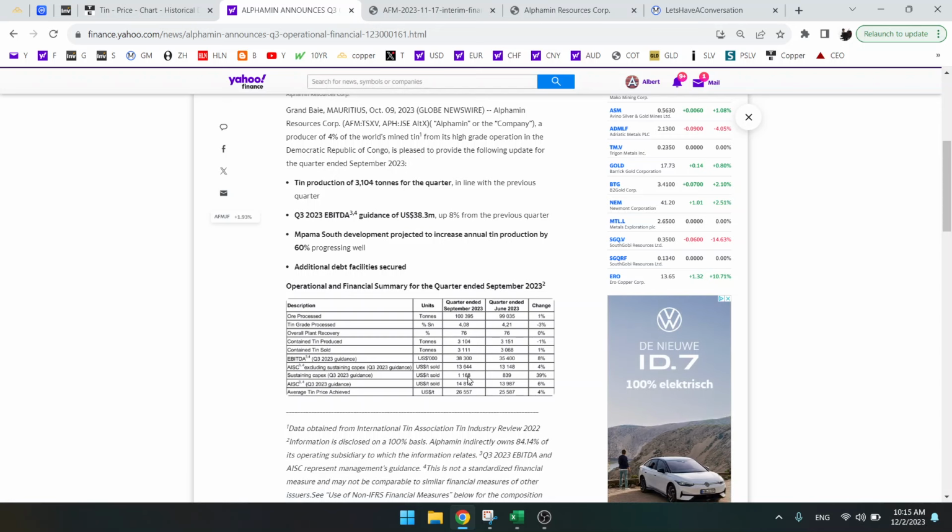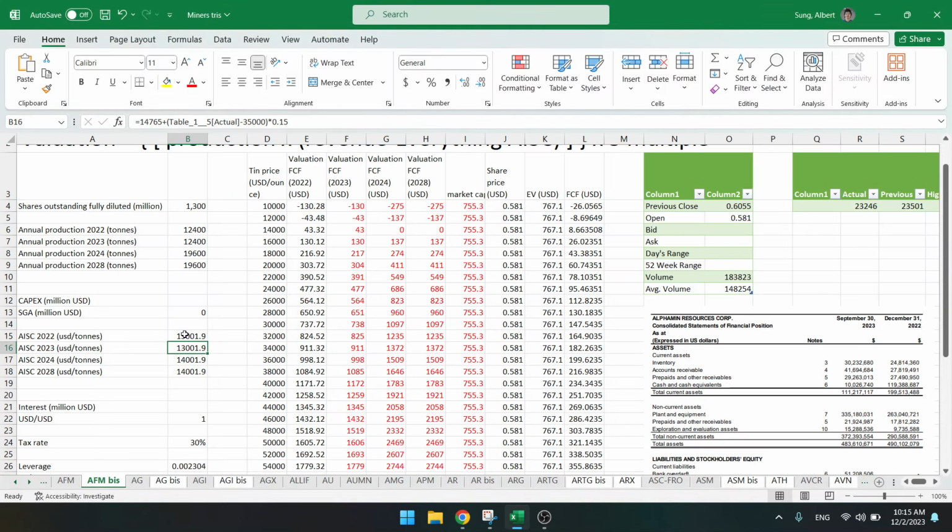Well, it's around 14,000. But the tin price has gone down, so now it's 13,000. So it actually works. I mean, $100 more or less is not going to make any difference.